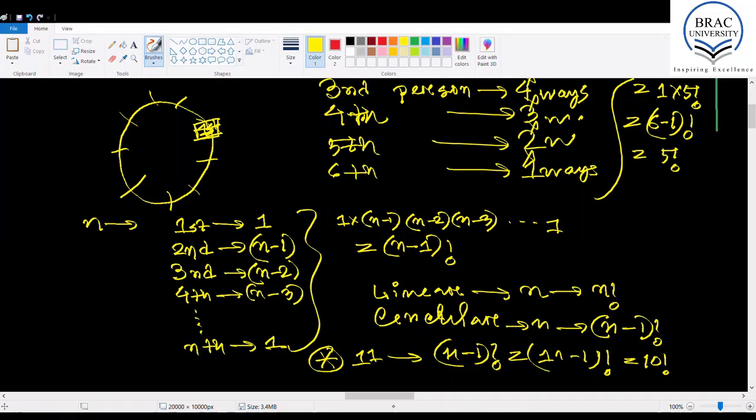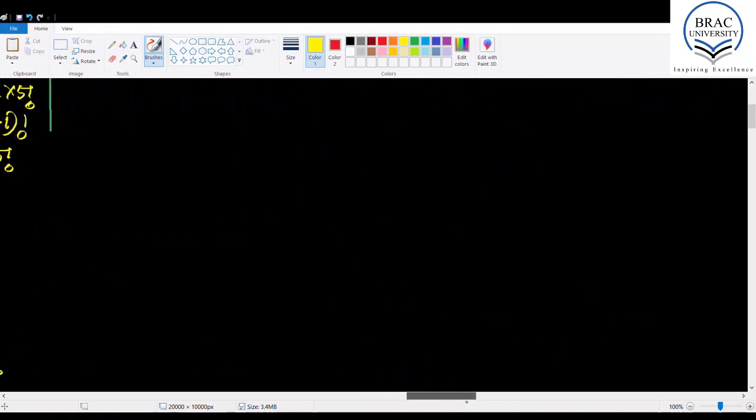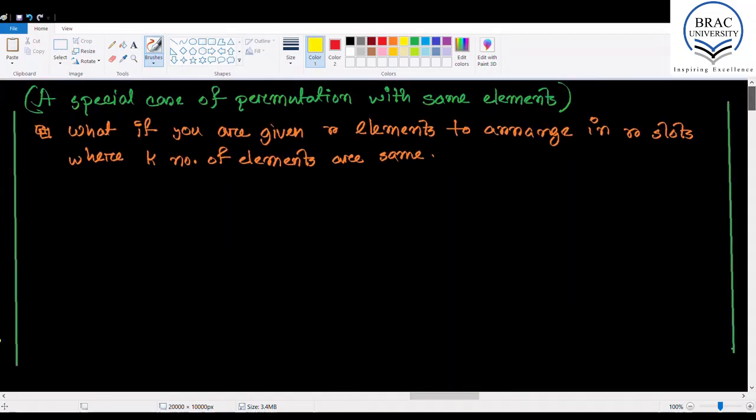So now we know how to determine the total number of permutations for circular arrangement of n elements, right? So in this case, we'll see a special case of permutation with same elements. So let's say, what if you are given r elements to arrange in r slots where k number of elements are the same?